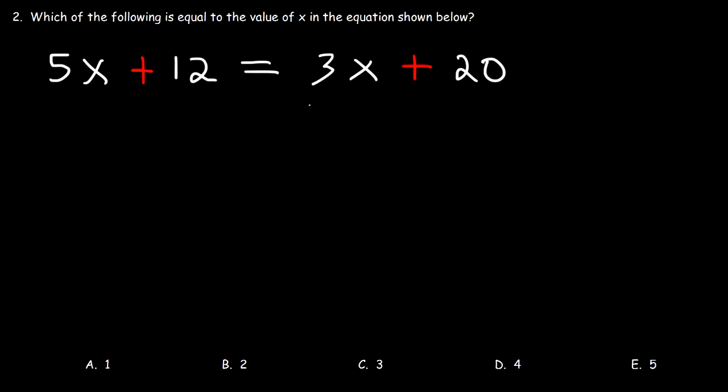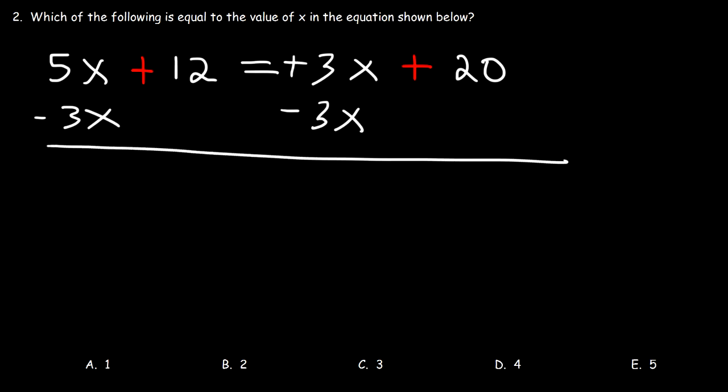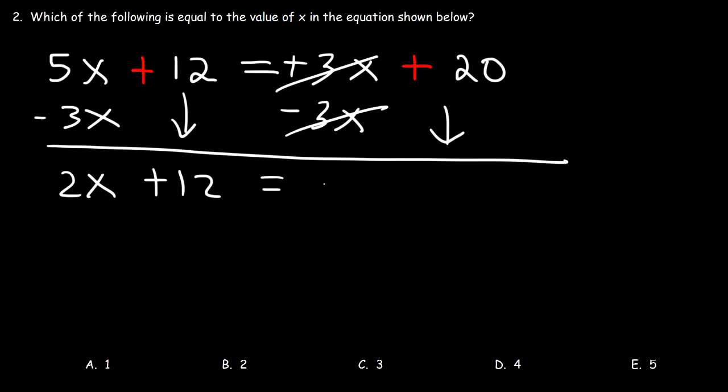To do that, we need to subtract both sides by 3x. Positive 3x plus negative 3x adds up to 0. So we're not going to have any x variables on the right side, only the left side now. On the left, it's 5x minus 3x, which is 2x. And everything else, we can bring it down. So we have 2x plus 12 is equal to 20.